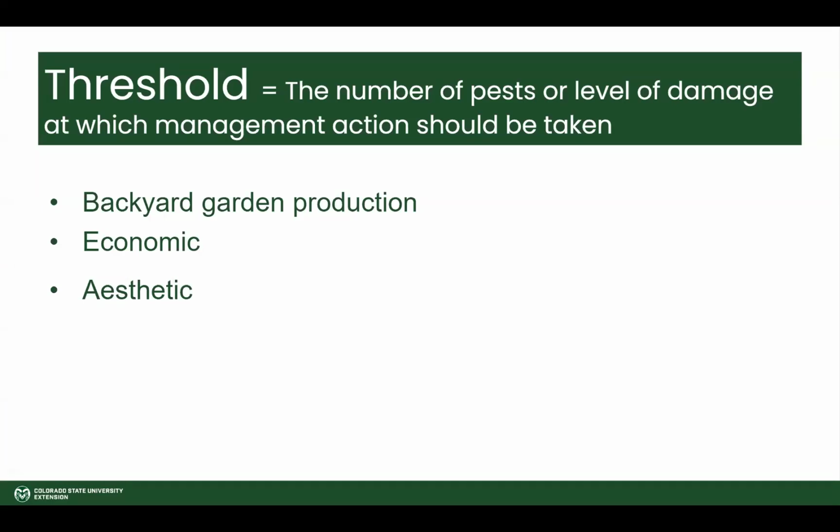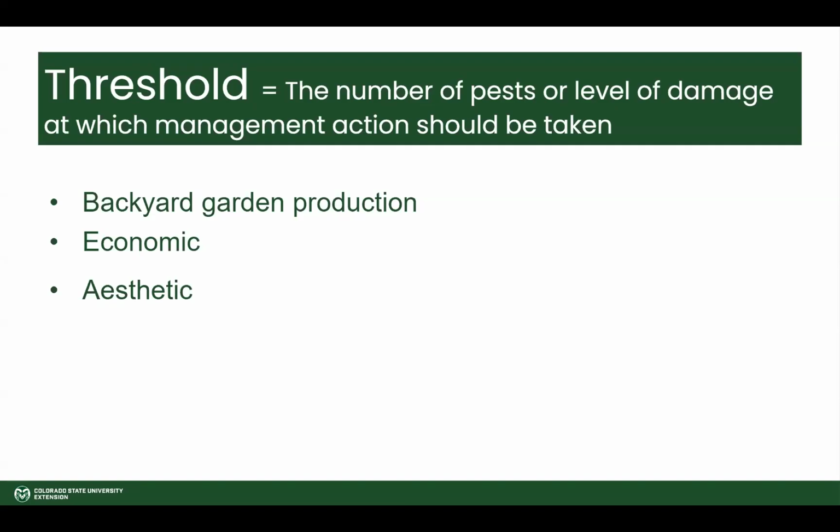be taken. For you as home gardeners, this is going to be different than what large scale producers of our different agronomic crops are going to have. And so when you're reading about grasshopper management strategies and poking around trying to find fact sheets and that kind of thing, you might be looking at something that talks about scouting for grasshoppers, looking for a certain number of grasshoppers in an area and taking action after that number has been counted.